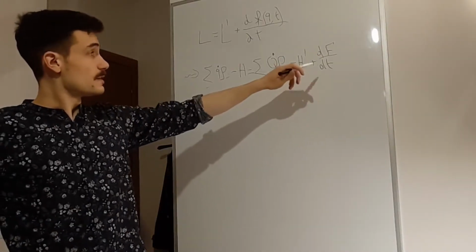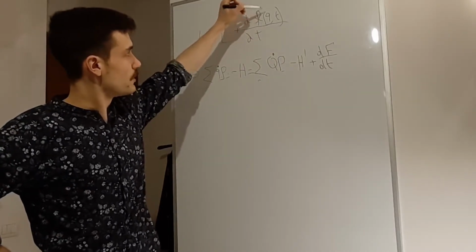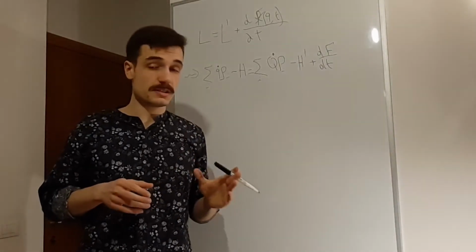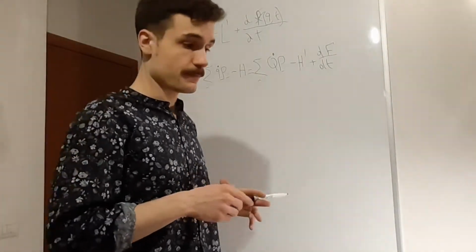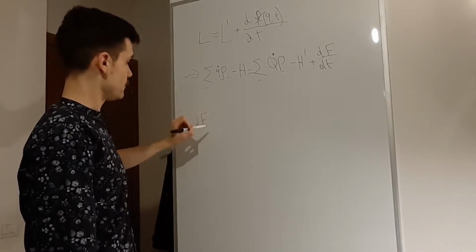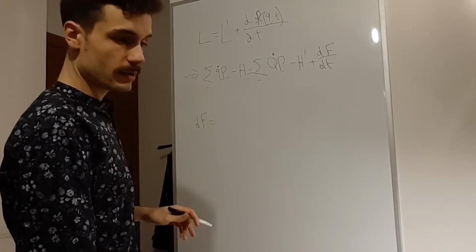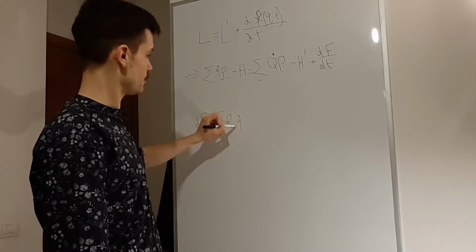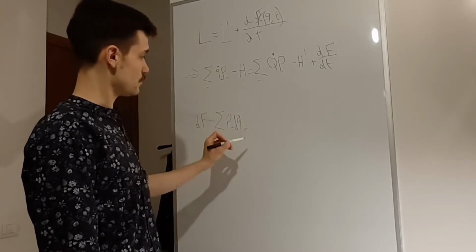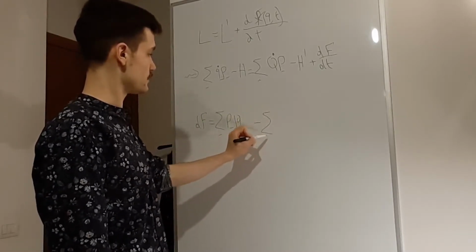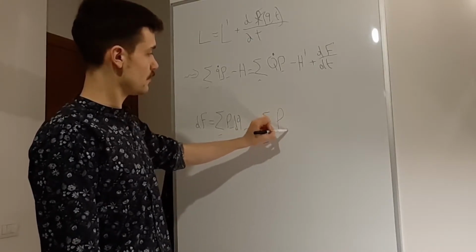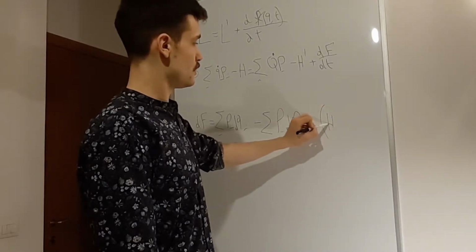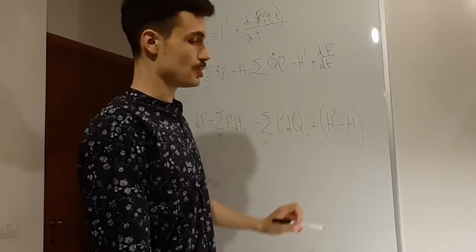This function, that was written small letters here, is called the generating function, and we will see a little bit better why it's called like this. So the differential of this generating function can be expressed as p_i dq_i, so the old coordinates, minus the same expression in the new coordinates, plus H' minus H dt.